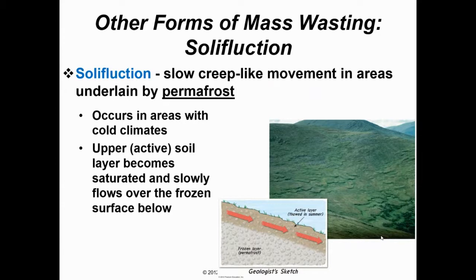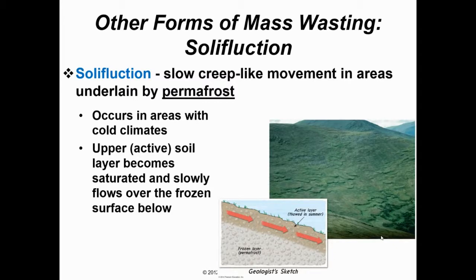All right. So the last major form of mass wasting is called solifluction. This occurs in the Arctic, tundra and boreal forest areas, so the colder, drier climate areas on Earth. This is where we have what's called permafrost. That is permanently frozen soil.